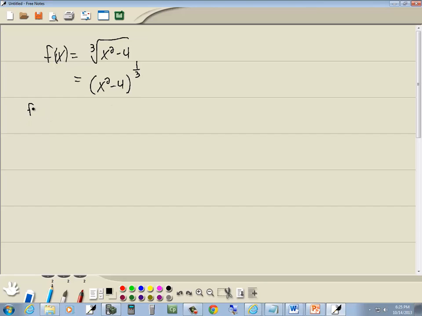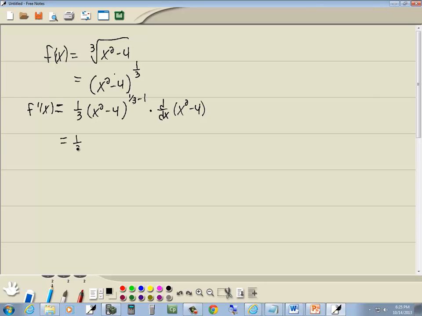Okay, so now we want to find our derivative. Now we have parentheses to a power, chain rule, specifically the general power rule. We're going to take our power, which is the 1/3, put it out in front. What's inside the parentheses remains as is. Lower our power by 1. So we'll take 1/3 minus 1 times the derivative of what's inside the parentheses.